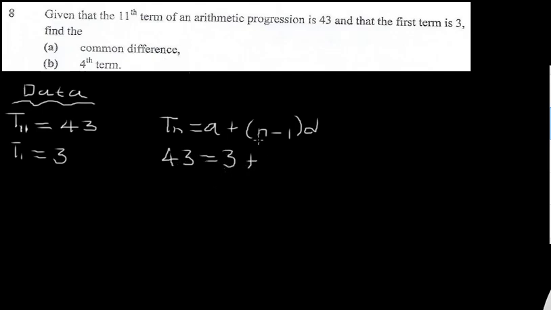Plus, what is n? So this 43 is the 11th term. So where there is n, we'll put 11 minus 1. What is our D? D is what we're looking for, which is the common difference. So we would have 43 equals 3 plus 11 minus 1 gives us 10.